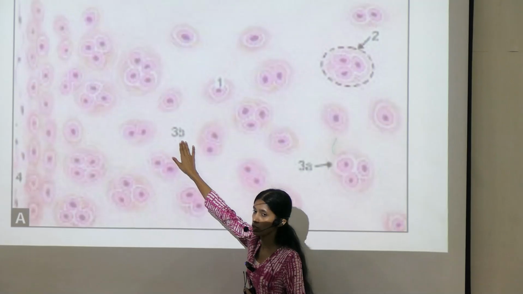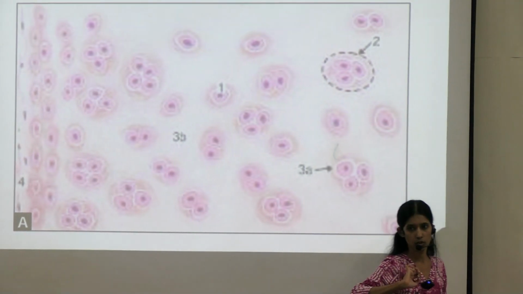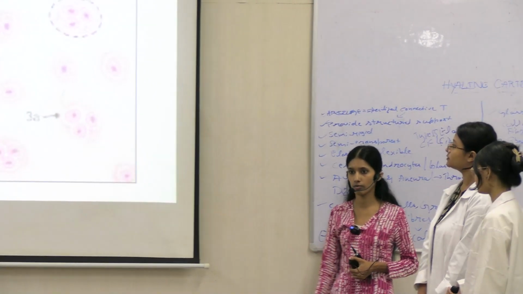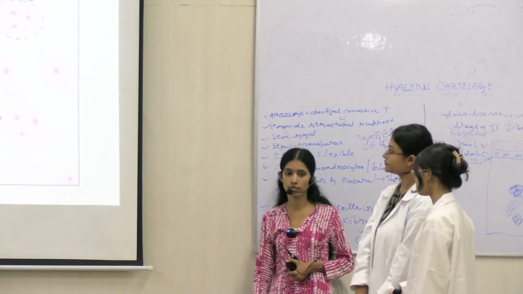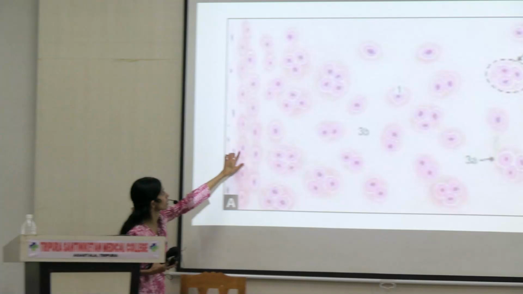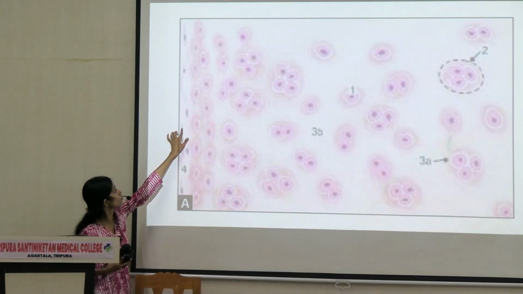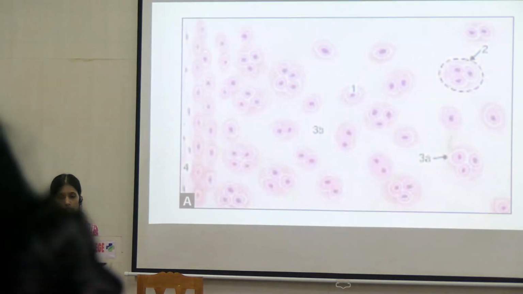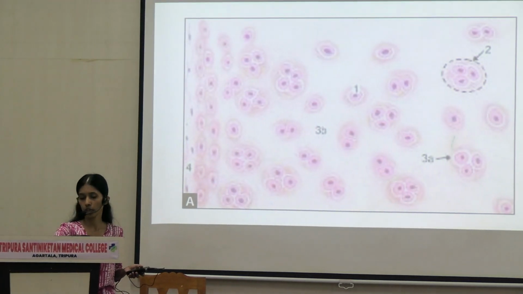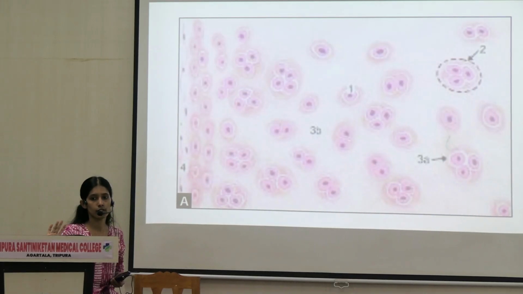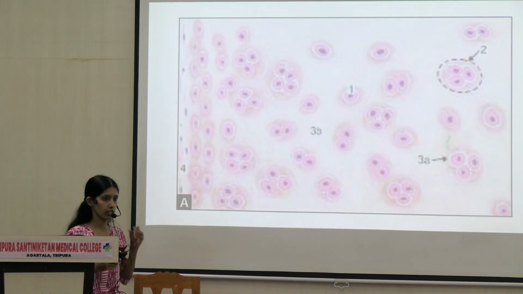And this 3B is your interstitial matrix. So this is how we should write the diagram and name the parts. Any doubts? This is your cellular layer of perichondrium. This part is the outer fibrous layer. So this is all about the structure, example or distribution along with the histology diagram of hyaline cartilage.